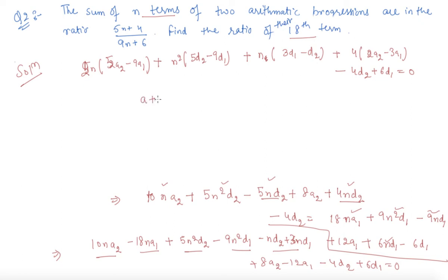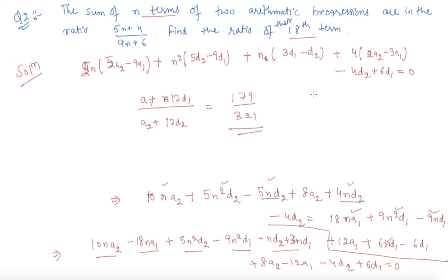The ratio of their 18th terms will be a1 plus 17d1 upon a2 plus 17d2. After solving the relation and finding the relation between these terms, the ratio will come to be 179 to 321, students.